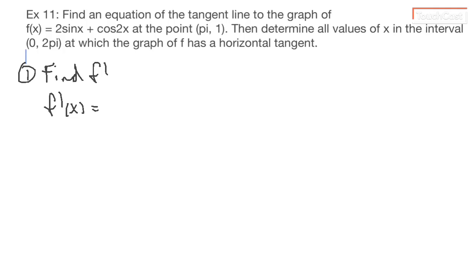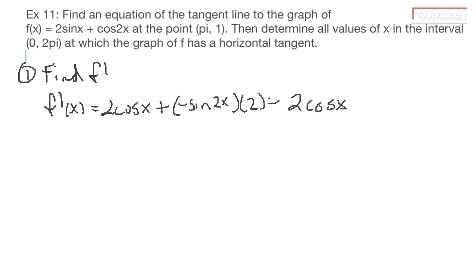The derivative of 2 sine x is going to be 2 cosine x, plus the derivative of our second term. We're going to have negative sine x, the derivative of cosine, so negative sine of 2x times 2, because we have to use the chain rule there. So our derivative is going to end up being 2 cosine x minus 2 sine 2x.